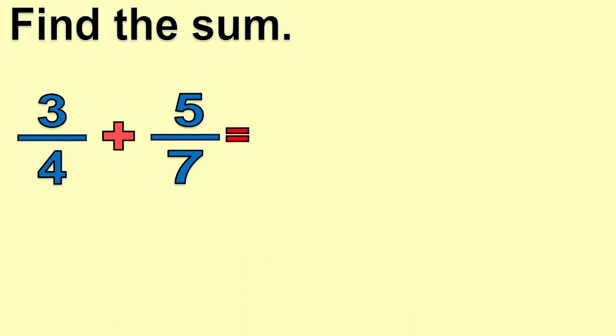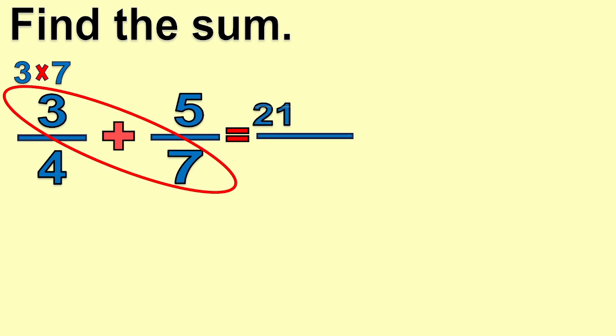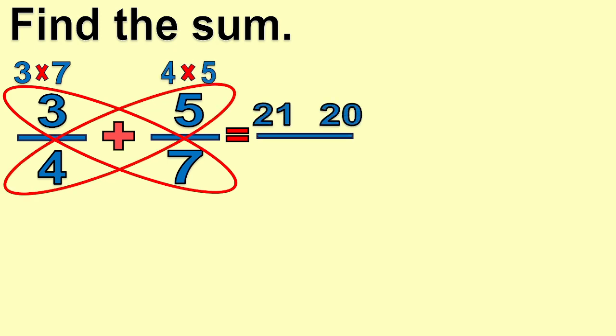Another problem. 3/4 plus 5/7. First, multiply the numerators and denominators diagonally. We have here 3 times 7 equals 21. 4 times 5 equals 20. Then multiply the two denominators.